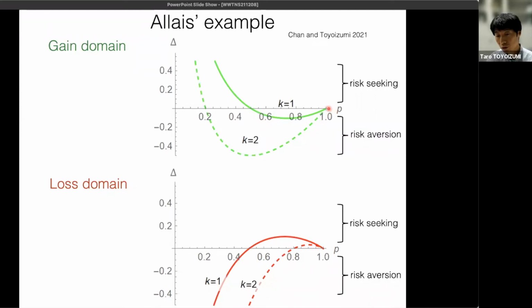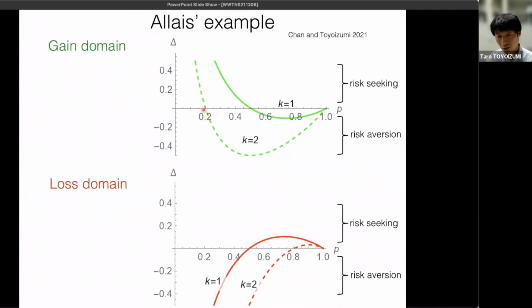When the reward probability P is 1, it's a certain option and there is no surprise, so the surprise value is 0. But when the reward probability gets reduced a little bit, around here, the surprise value declines, which means that the model predicts risk aversion at relatively high reward probability.